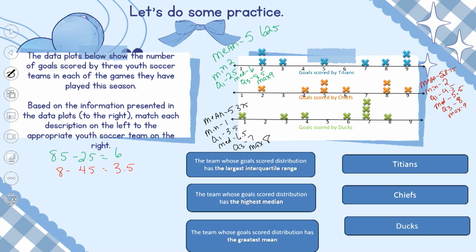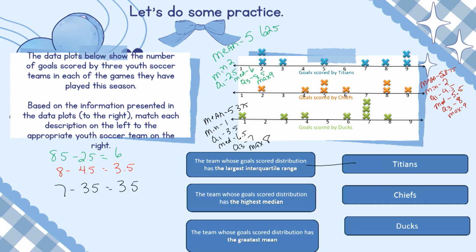The Ducks had 7 minus 3.5, and you get 3.5. I always double check my math, even though I can do it in my head. You always double check your math, guys. So then it wants to know which team has the largest interquartile range. That's obviously what? The Titans.